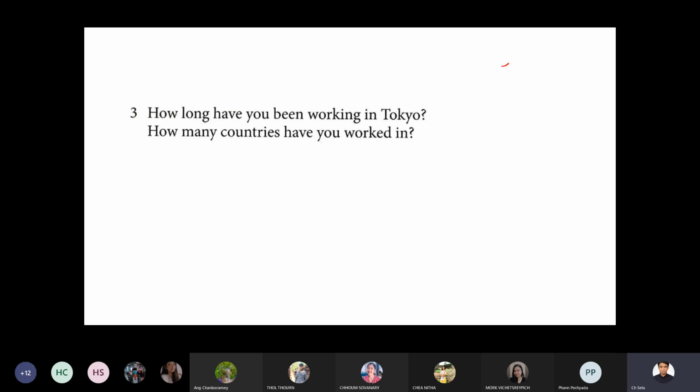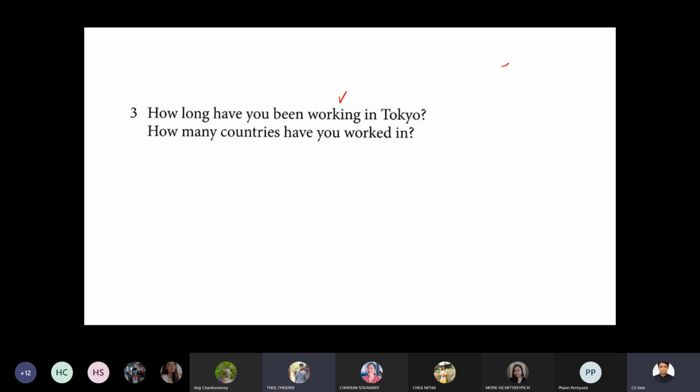This is important because many of us, even though we have learned grammar for a long time, are still confused about the difference between present perfect continuous and present perfect simple. So the first one, how long have you been working? The work began in the past and continues until now. But the focus is on the activity, working.